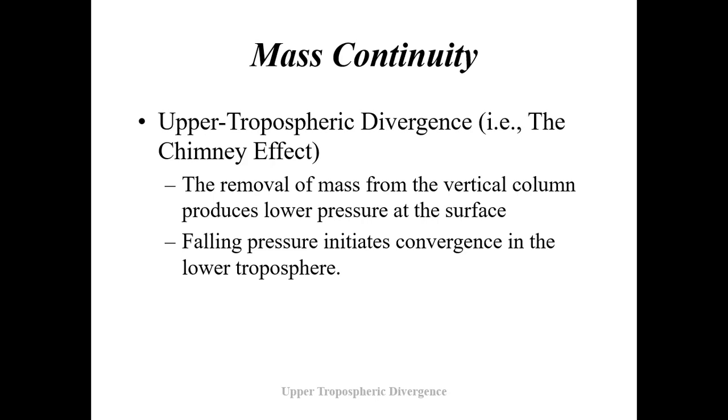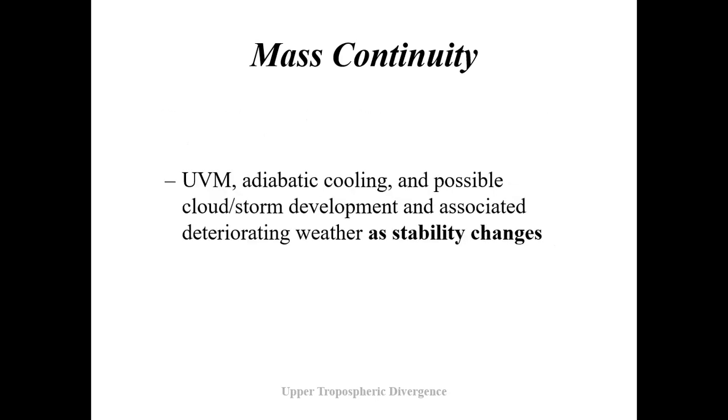So what you have is rising air, and as the air rises, that's less force per unit area, and that's going to cause your surface pressure to fall. As the air rises in the vertical, air must come from somewhere else to replace it, and so you get this low-level converging air in the lower troposphere. This is usually associated with storm development, the chimney effect.